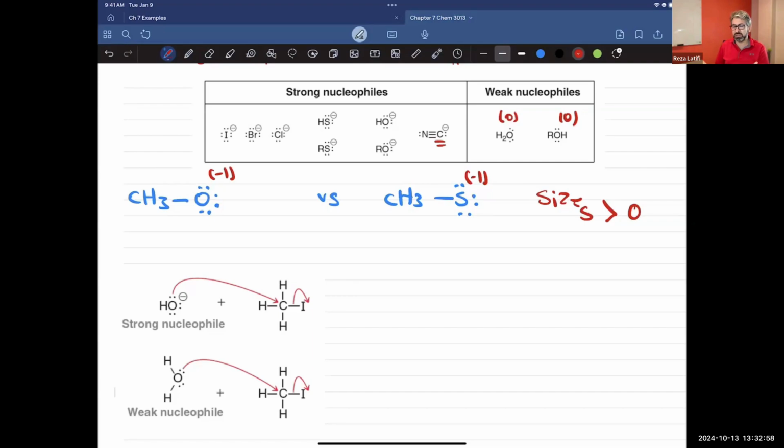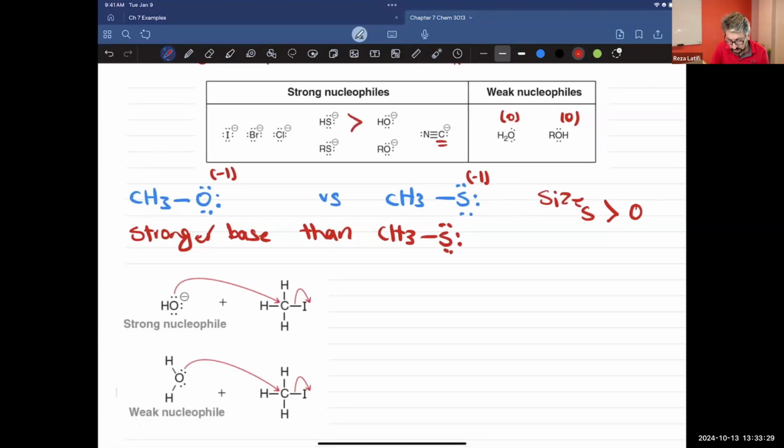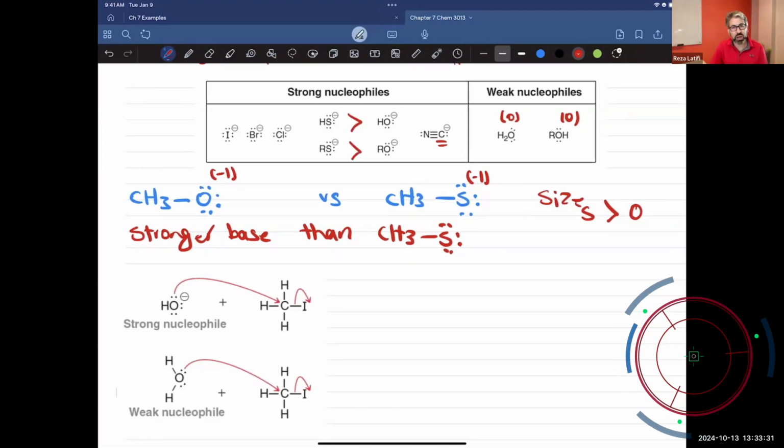But if you're talking about basicity, I will say this one is a stronger base than CH3S. So for nucleophilicity, sulfur is a better nucleophile than oxygen, but for basicity, oxygen is the better one. And look here, HS is better than HO, and RS is better than RO. That's the proof for it.